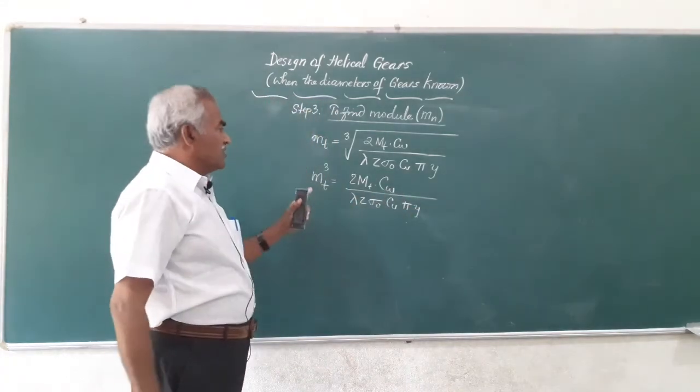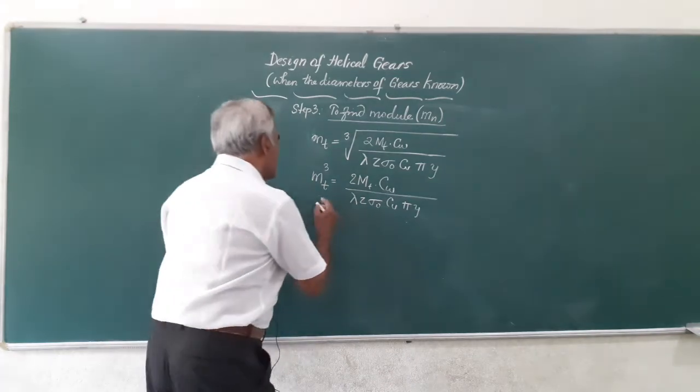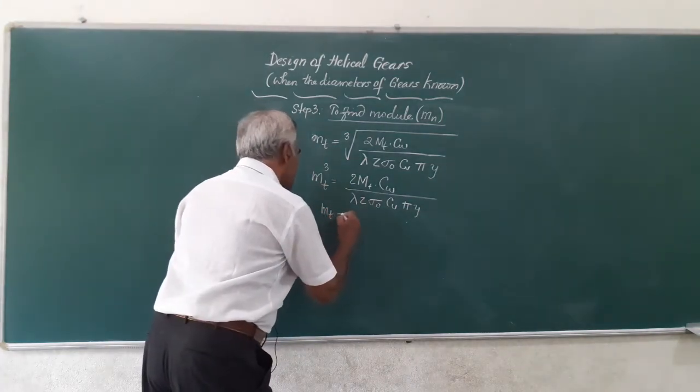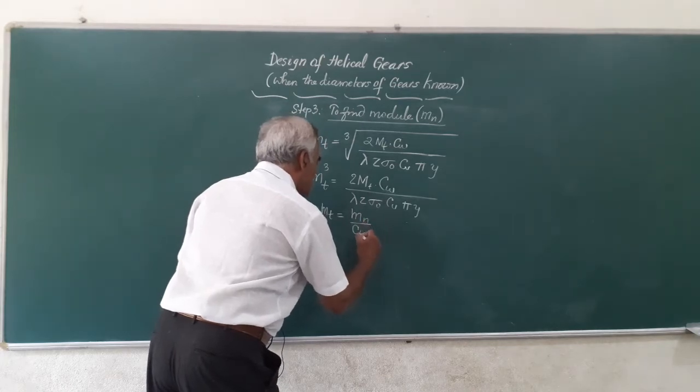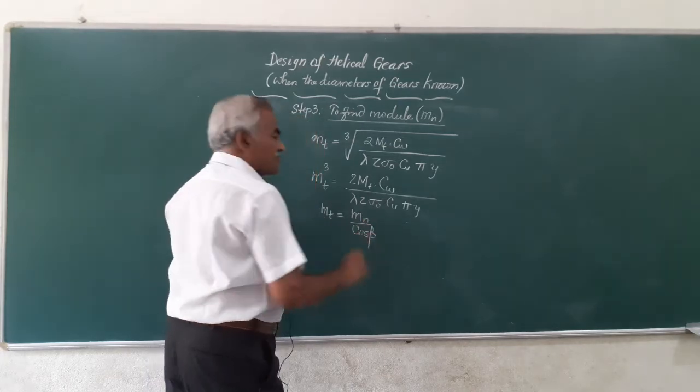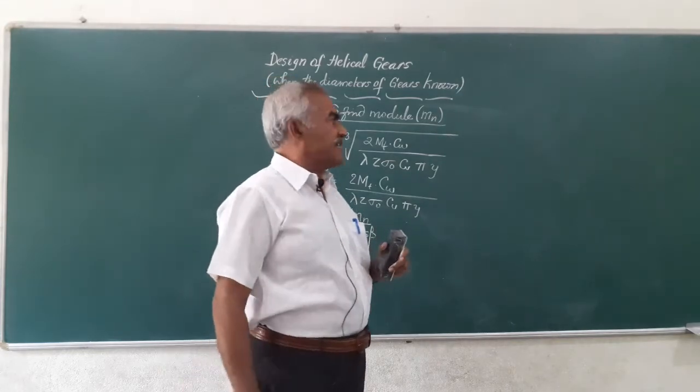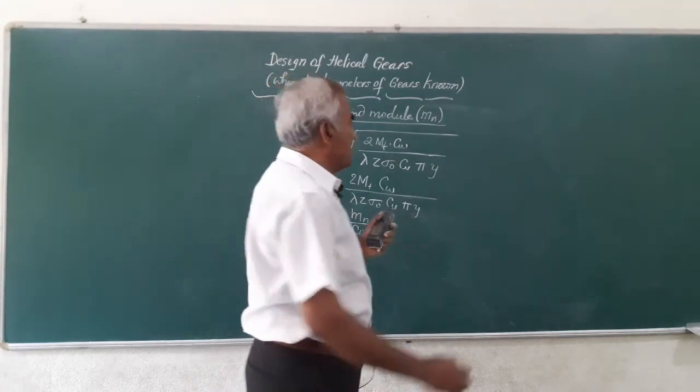So I told you this mt is the transverse module, given by Mn, the normal module, by cos beta, where beta is the helix angle. So what is the meaning of helix angle?